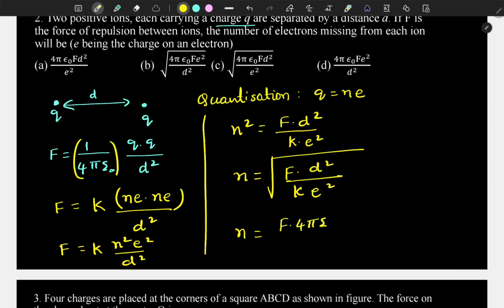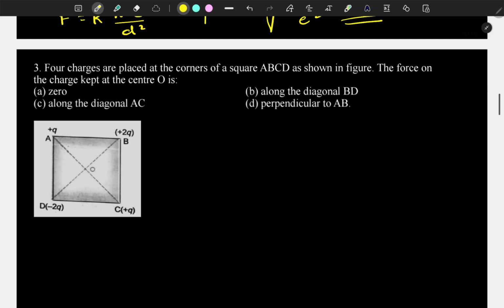Since k is in the denominator, 4 pi epsilon naught will come to the numerator: n is equal to the square root of F into 4 pi epsilon naught d square divided by e square. So in which option do we have this? Under the root we have B and C. So I think C is the correct answer. Okay, moving on to the next question.